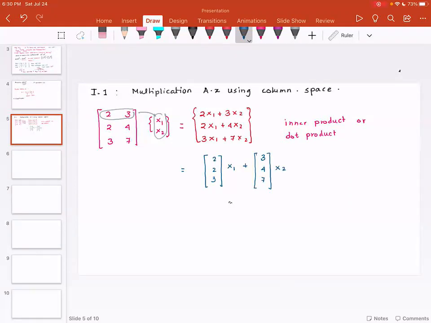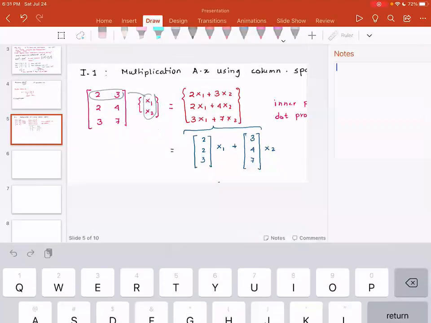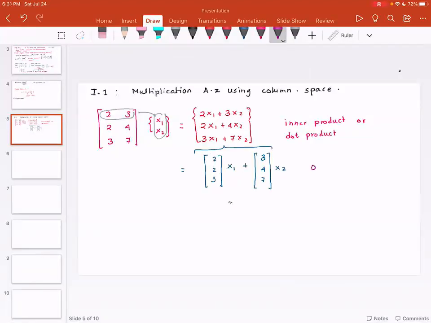And if you were to work out the expansion, you would notice that this expansion is exactly same as the inner product. This is called as outer product.